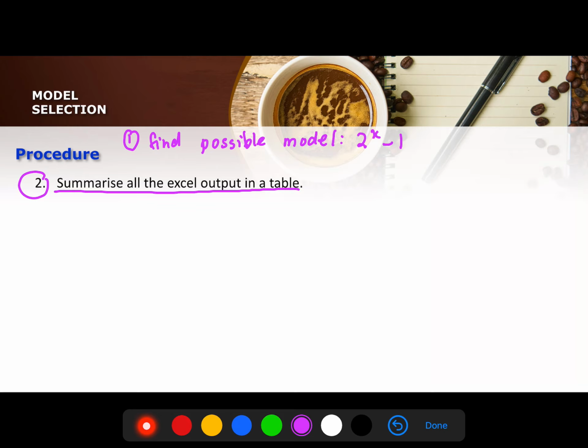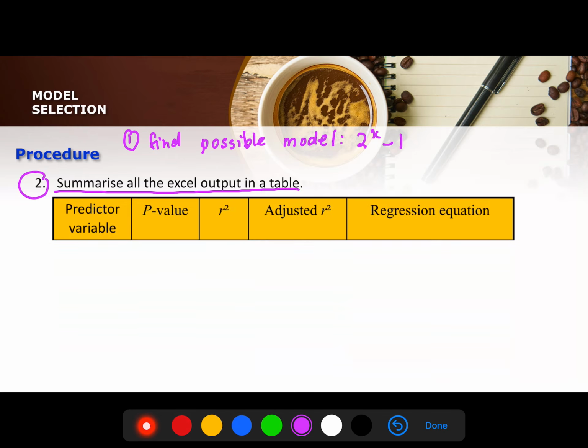Your table must have the first column, predictor variable, which is your x. The second column is the p-value, taken from the Excel output. The third column is r square, also from the Excel output. The fourth column is adjusted r square, your coefficient of determination, also from the Excel output. And last is your regression equation, also from your Excel output.